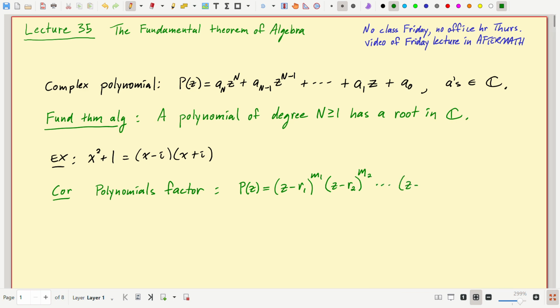So there are a bunch of roots. Let's call the last one r sub j, to the m sub j. And those m's add up to the degree: the summation from i equals 1 to j of the m sub i is equal to the degree of the polynomial.